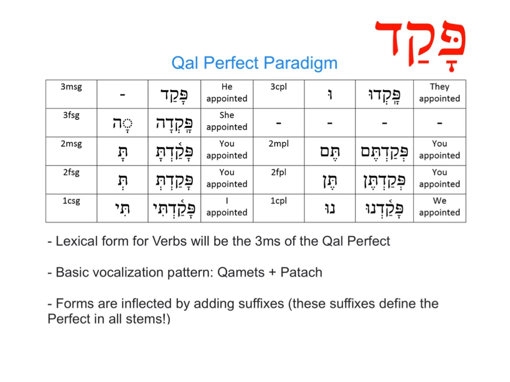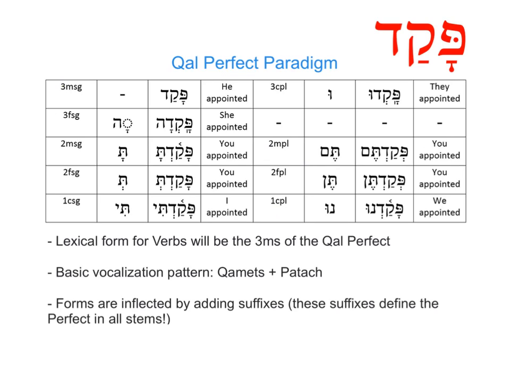So why don't we walk through this paradigm? We'll observe a few things. We'll say it a few times together and get a sense of what's going on. The first thing to observe is that the paradigm, as you can see here, reproduced from our workbook, is inflected for person, gender, and number.